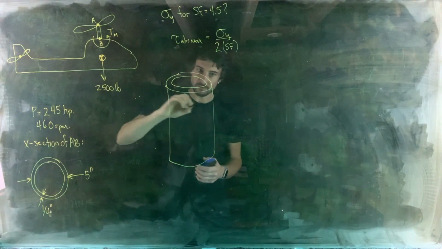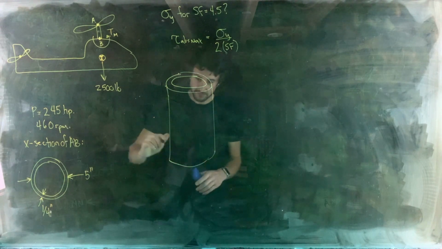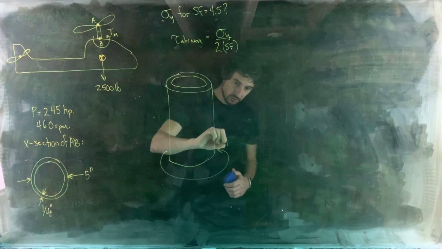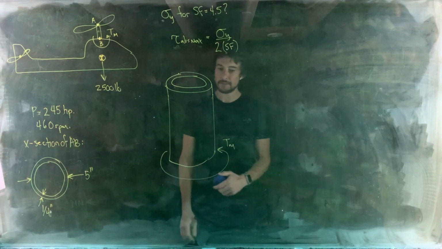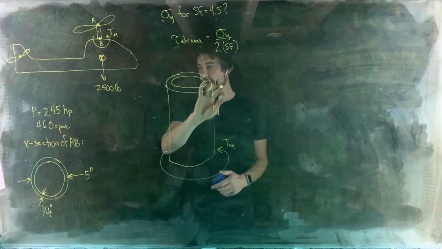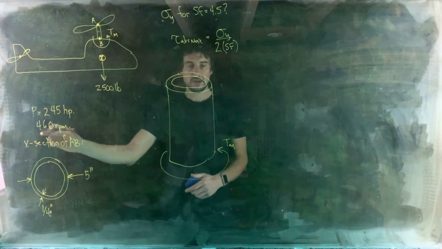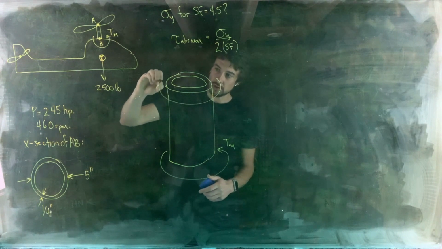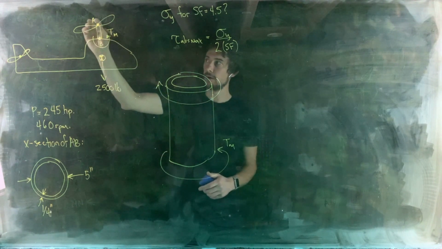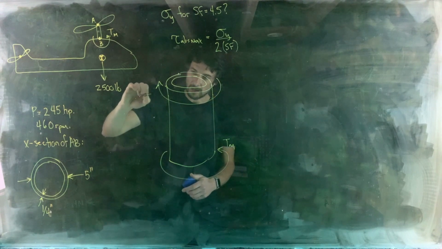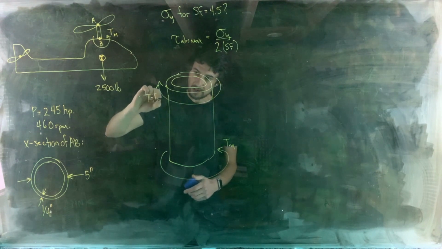Could have left that on because we're going to have a counteracting torque, but nonetheless. Okay, so here's our torque Tm being applied by the motor. If this shaft's spinning at a constant rate, then the sum of the torques needs to be 0, so we need to have an equal and opposite torque at the top. Of course, that's coming from the rotor blades. So we've got T equals Tm here.